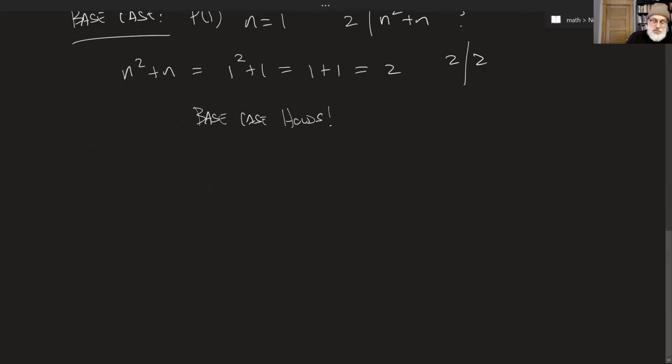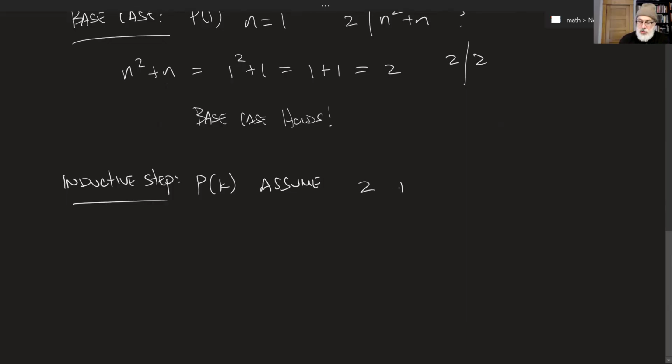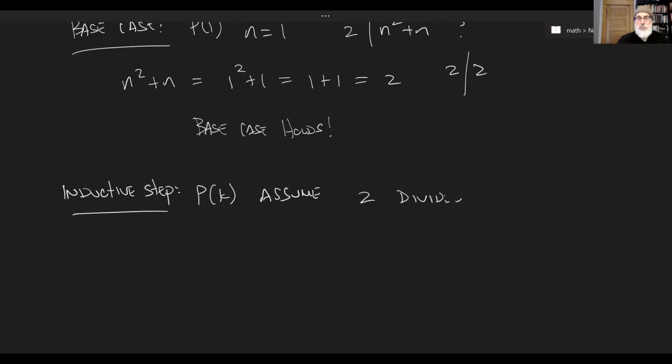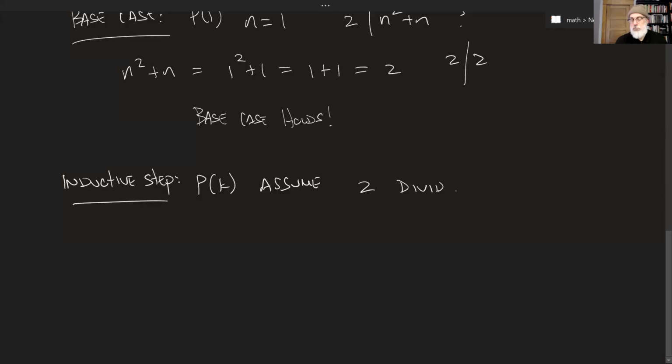So now we're going to do the inductive step, or the Pk case, which we are going to assume is true. So we are assuming here that 2 divides n squared plus n, and we are replacing n with k: k squared plus k.